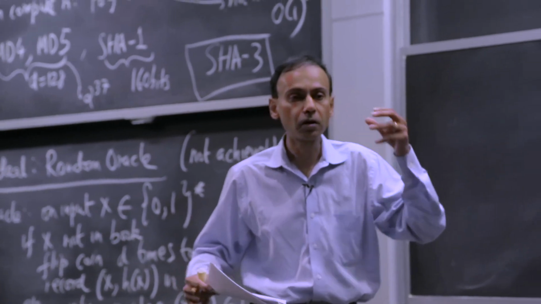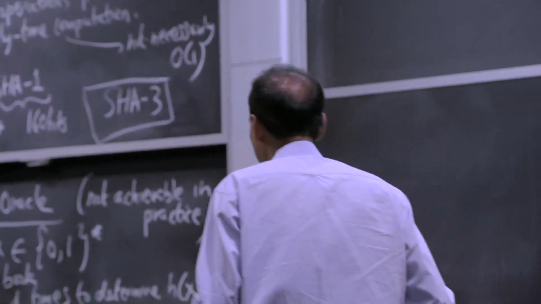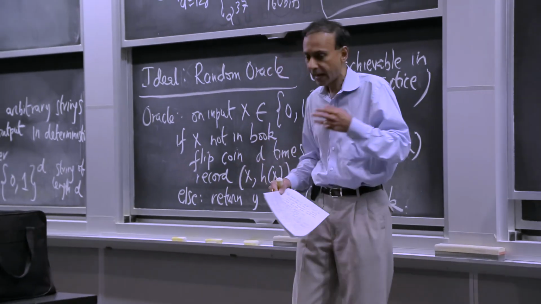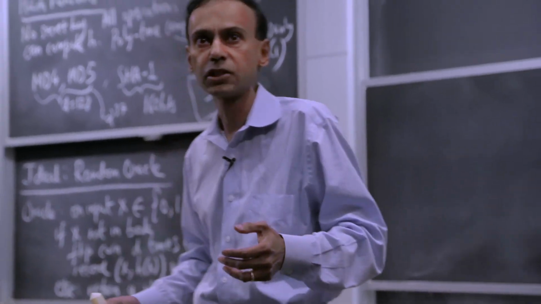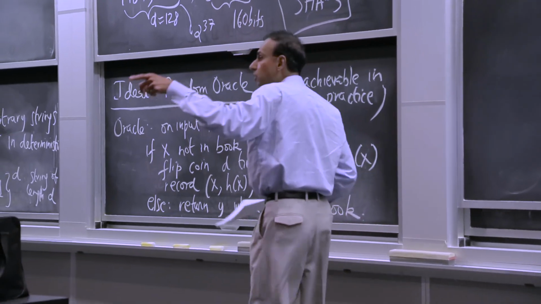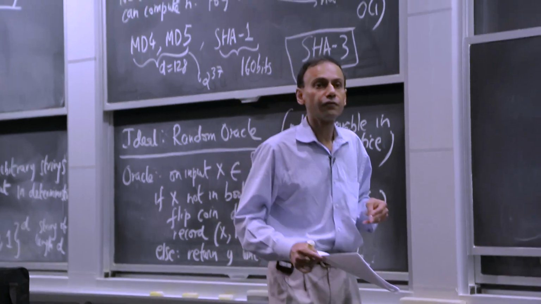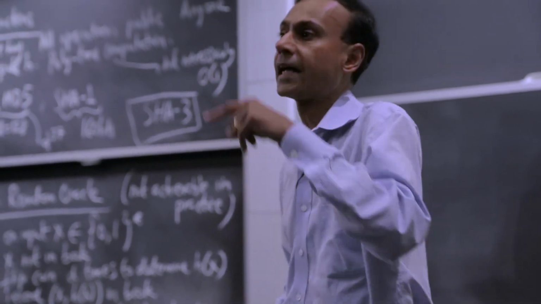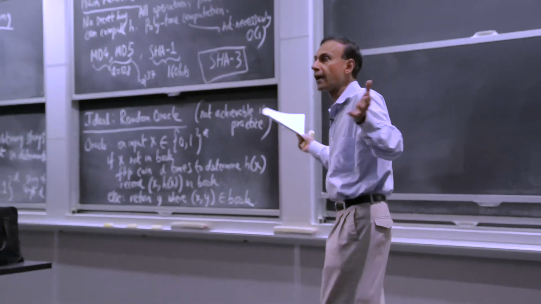So if I queried the book first with a particular string, let's say Eric was the string, and I'm the one who put the entry, x equals Eric, and h of Eric equals some random 160-bit string into the book. I get credit for that, right? But if you come a nanosecond later and ask for h of Eric, you should get exactly what got put into the book when I asked for h of Eric, right? And so on and so forth. So this is true for everybody.